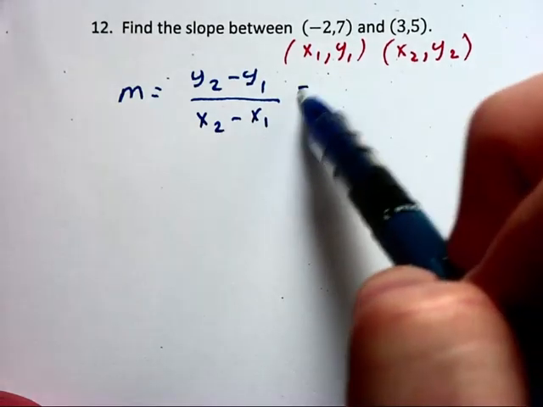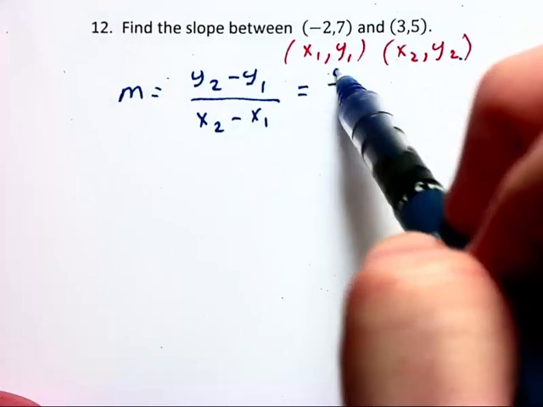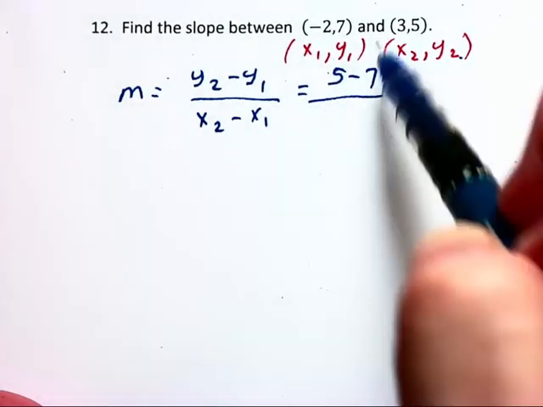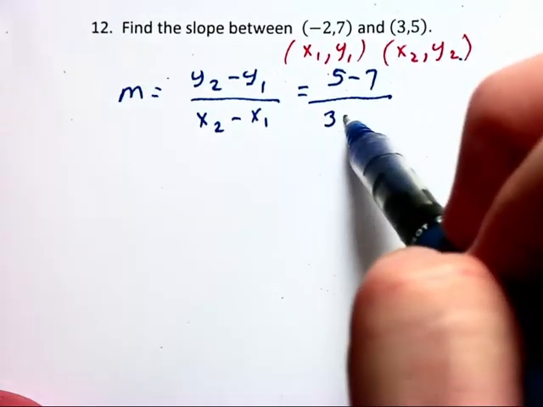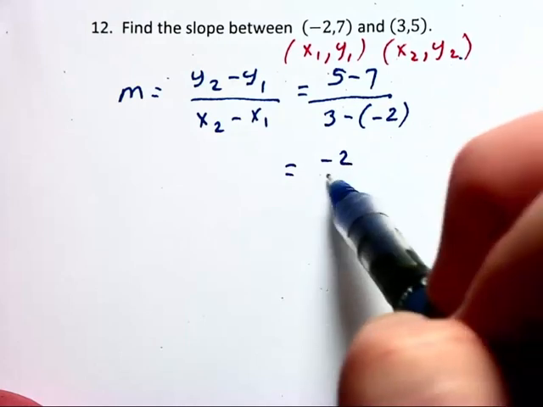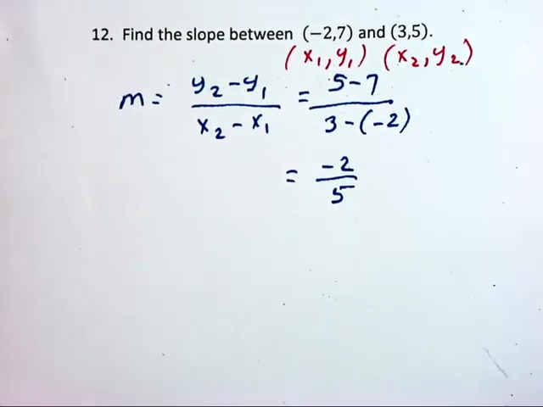Substituting those values in, our y2 minus y1 becomes 5 minus 7 in the numerator. Likewise, in the denominator, x2 minus x1 becomes 3 minus a negative 2. So our numerator becomes negative 2, and our denominator becomes 5, and our slope is negative 2/5 between these 2 points.